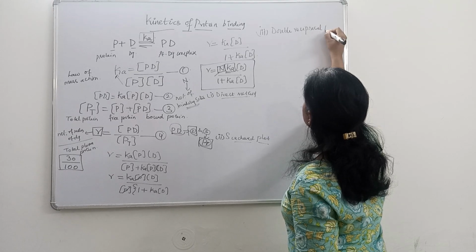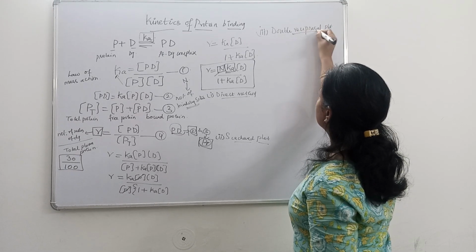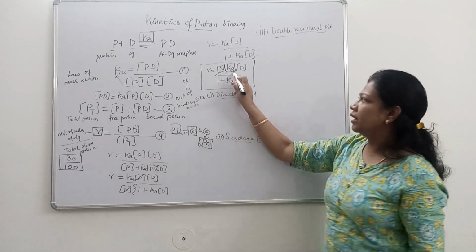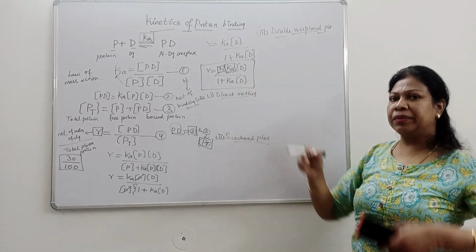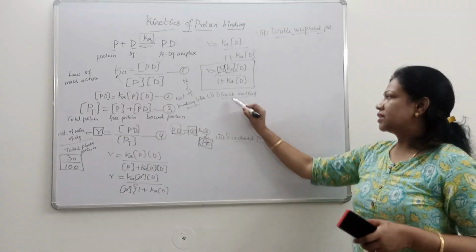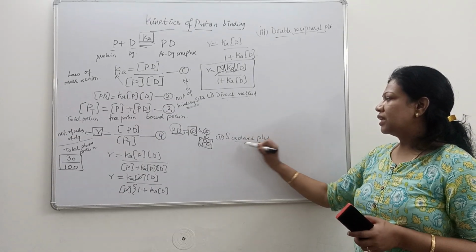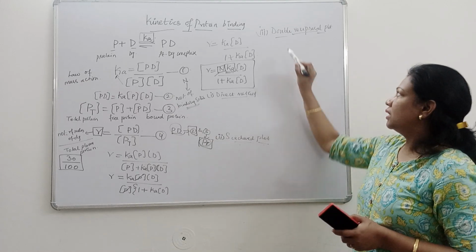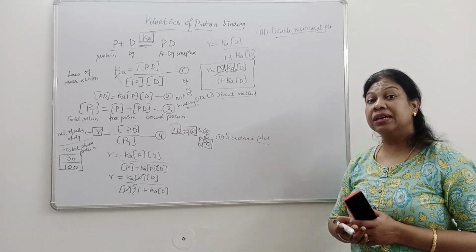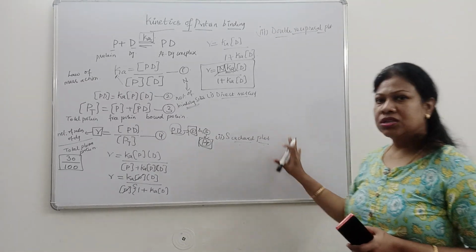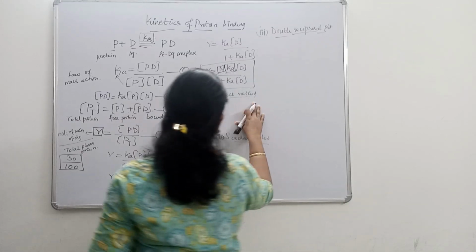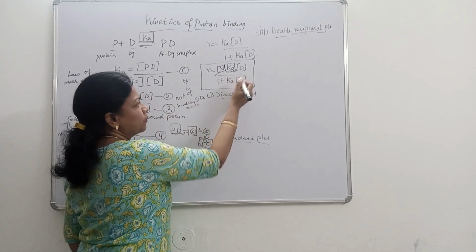So there are three methods available for determining N and Ka. So let's explain the first method of determination of N and Ka.